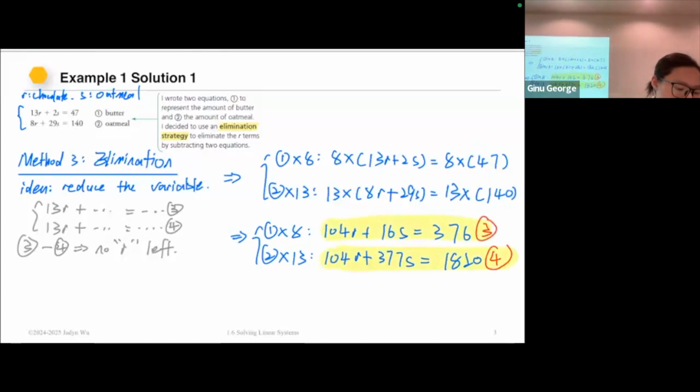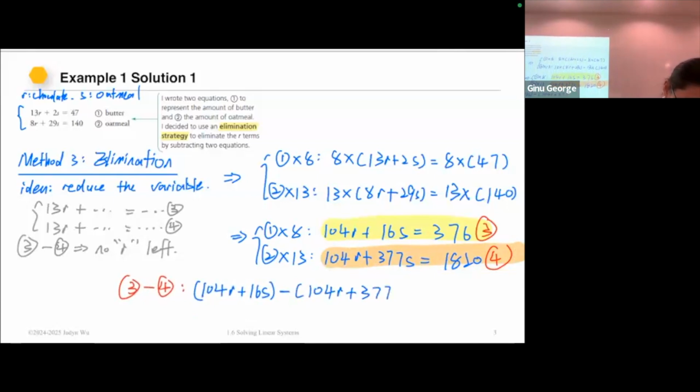After labeling those, I will want equation 3 minus equation 4, where we will just do a subtraction. So 104R plus 16S from the first equation, minus the parts from the second equation, 104R plus 377S.